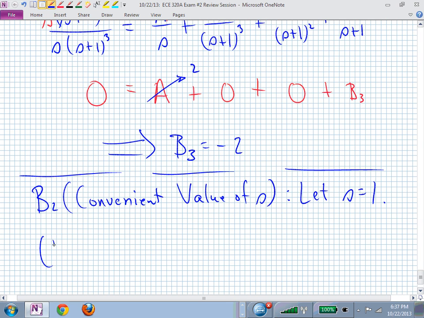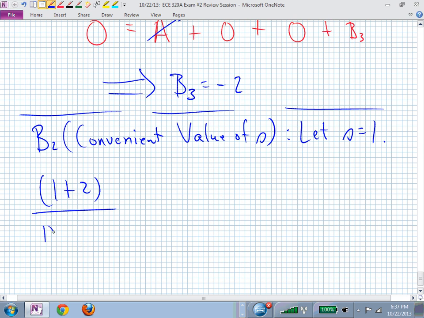So that now I had s plus 2, so 1 plus 2 over s times s plus 1 cubed equaling A over s. Is that true? Was just A over s, wasn't it?